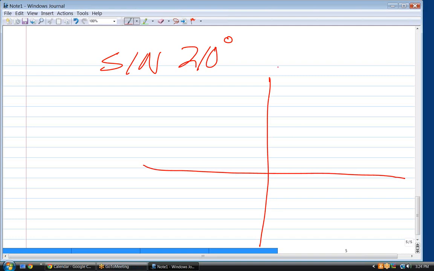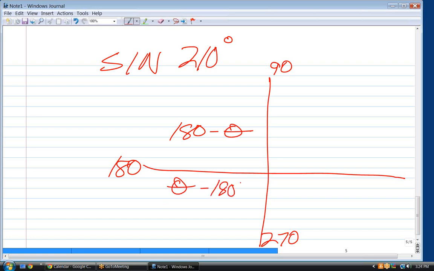First of all, we need to know what quadrant that's in. That would be the third. Yeah. The whole name of the game here is to figure out what the equivalent first quadrant angle is. Then that's equivalent to sine of 30. What's sine of 30 equal to?